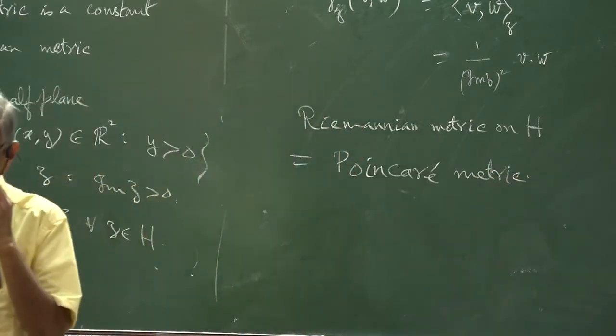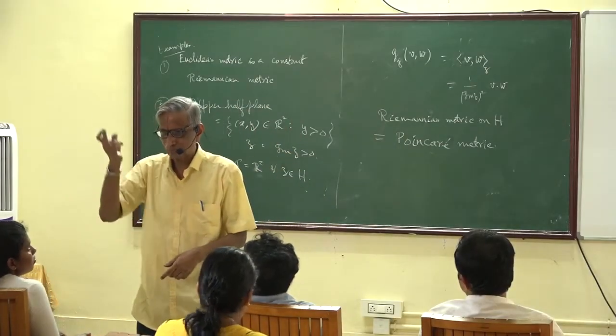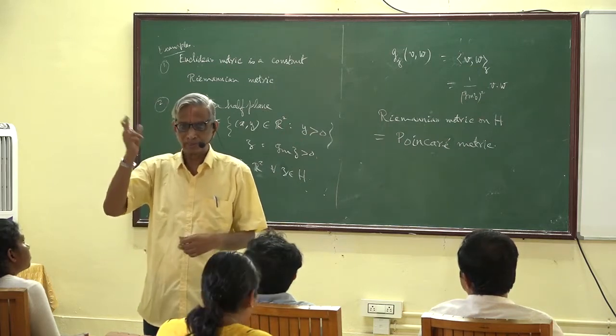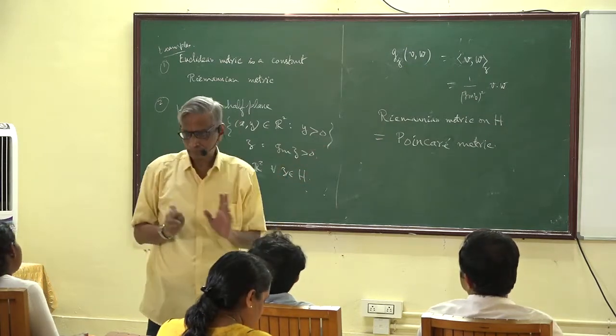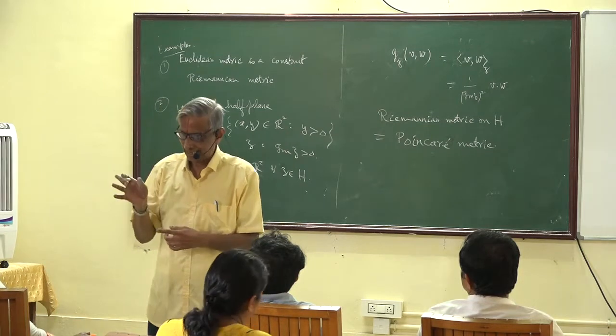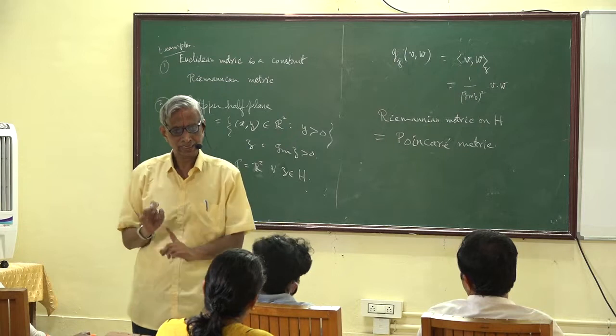Poincaré metric. This accent over the e, right? What they call the acute accent in French. So that indicates that you pronounce it as A. You don't read it as Poincare, but Poincaré.